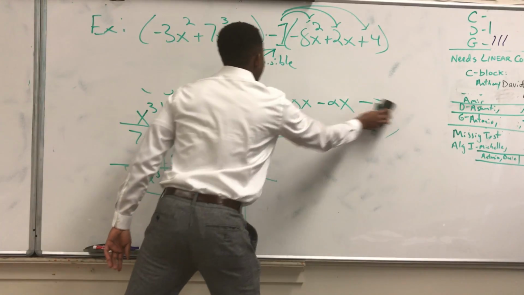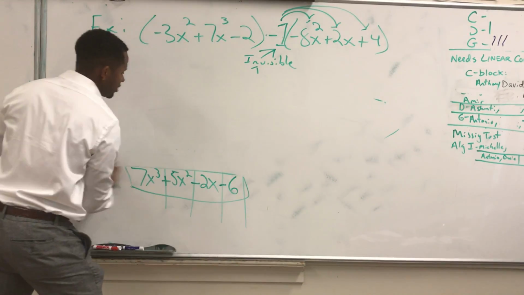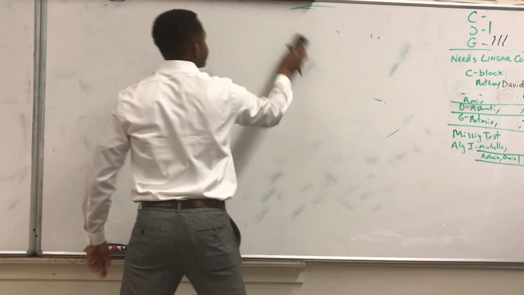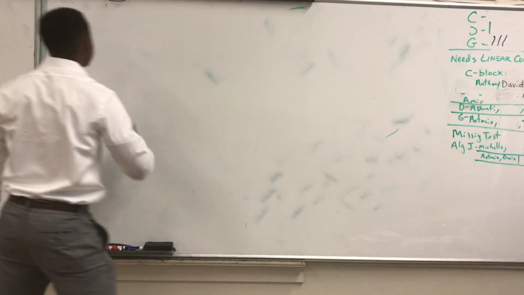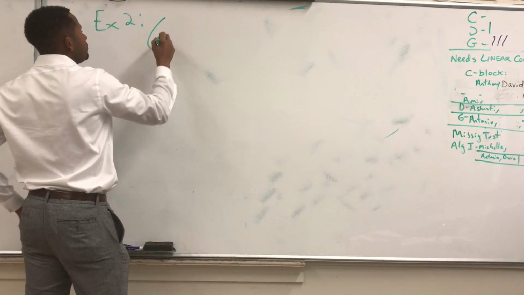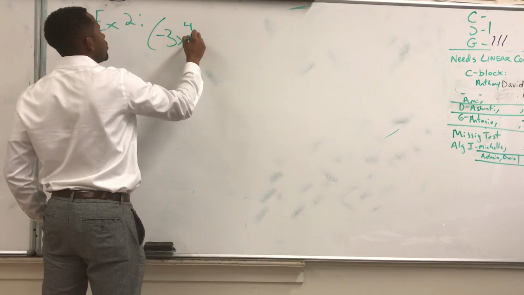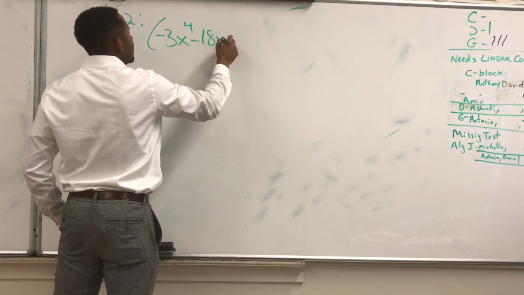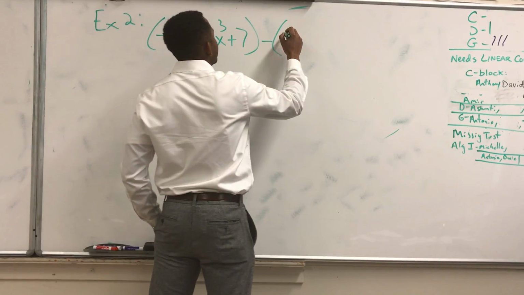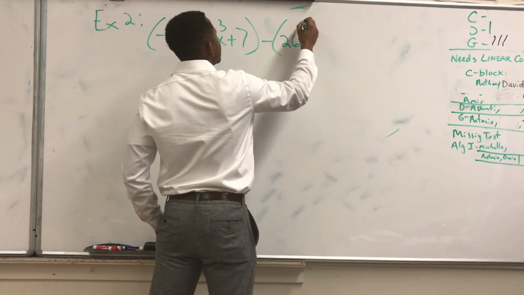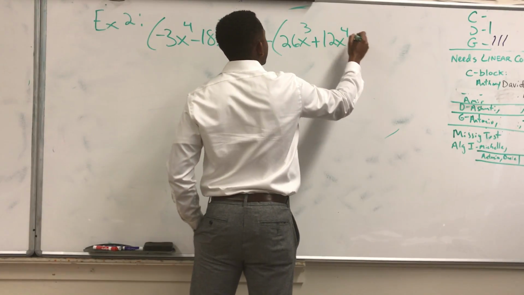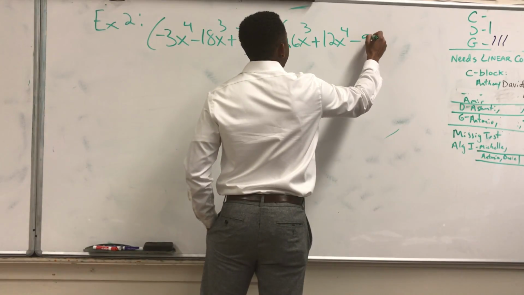Now let's talk about taking an even shorter cut so I don't have to rewrite the whole problem, okay? So let's take example 2. It says 3x to the fourth minus 18x cubed plus 7 minus 26x to the third plus 12x to the fourth minus 91.